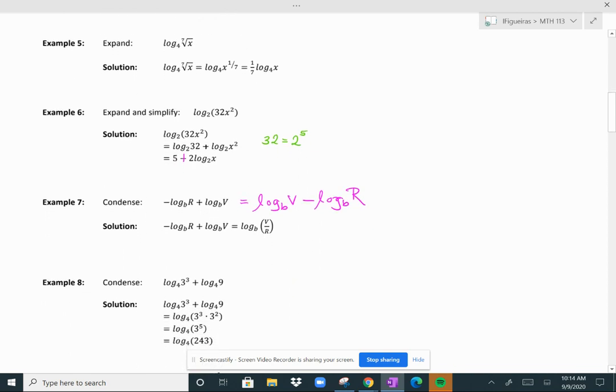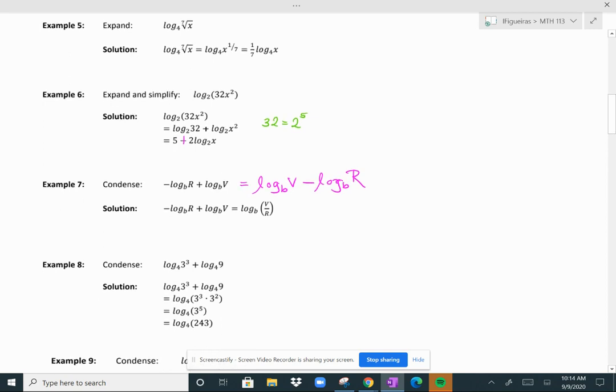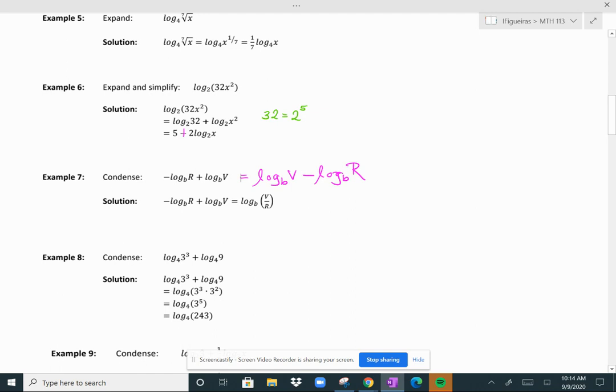All right, so here's another one where we want to condense this as much as possible. So I did a couple of things. So I have log base 4 of 3 to the 3rd plus log base 4 of 9. So you're definitely going to be multiplying the 3 to the 3rd and the 9, but I rewrote the 9 as 3 squared because then it would be easier to combine the 3's.